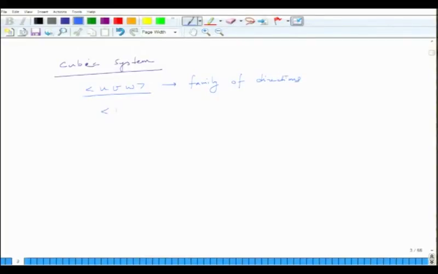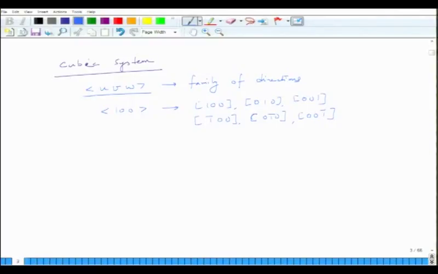So 100 would mean 100, 010, 001 and bar 100, 0 bar 10, and so on, taking the negatives into account.